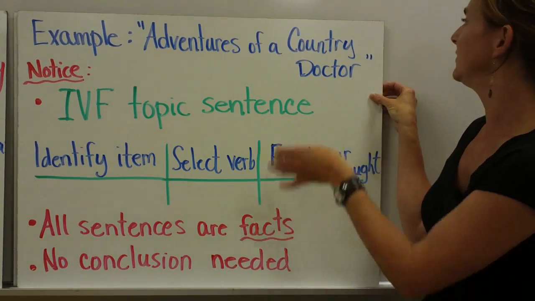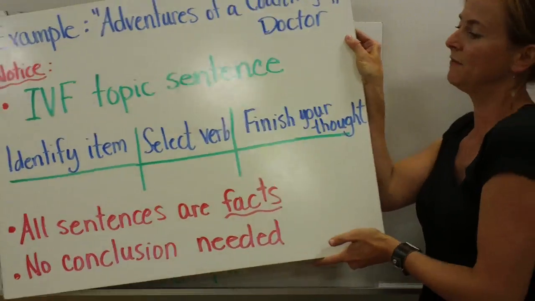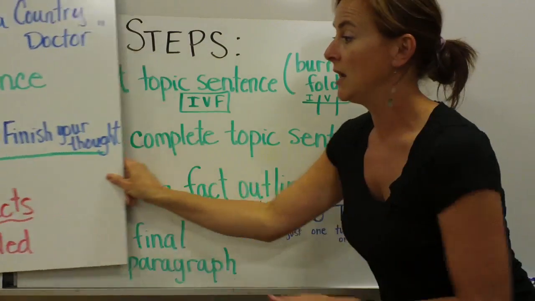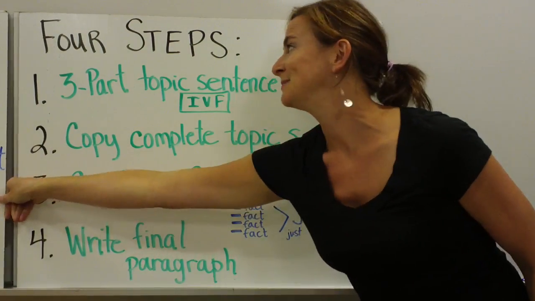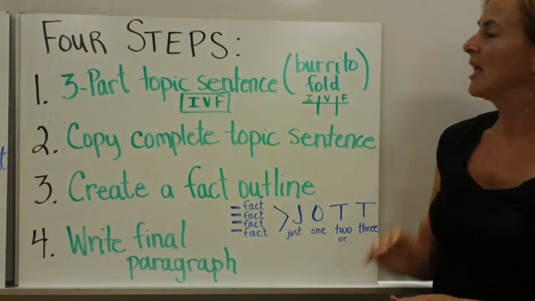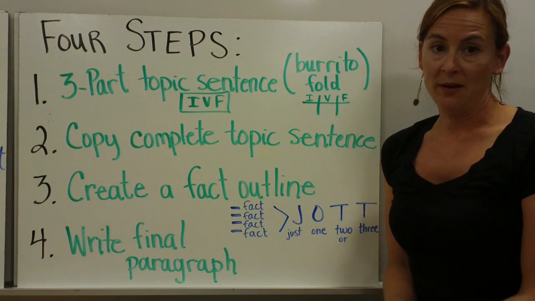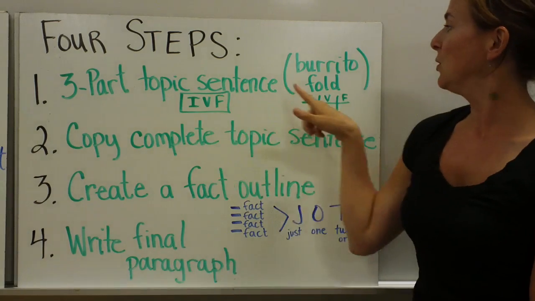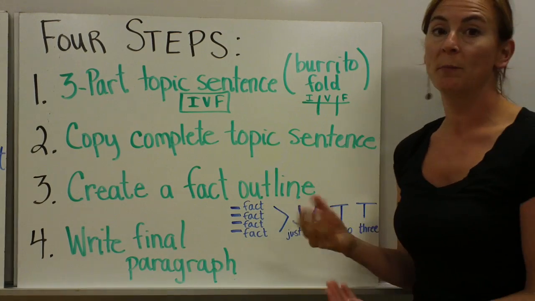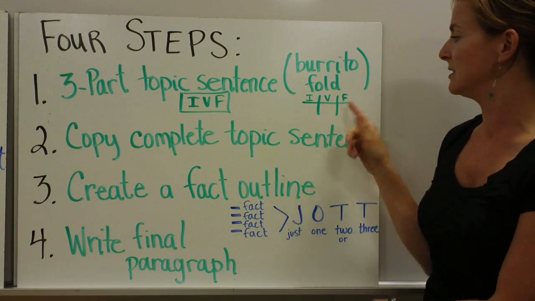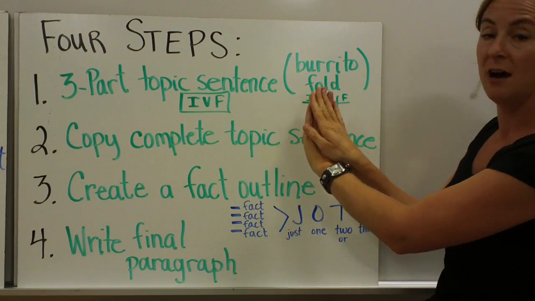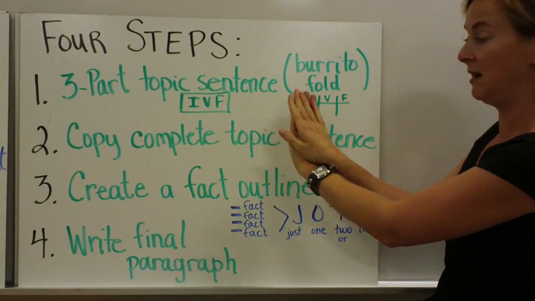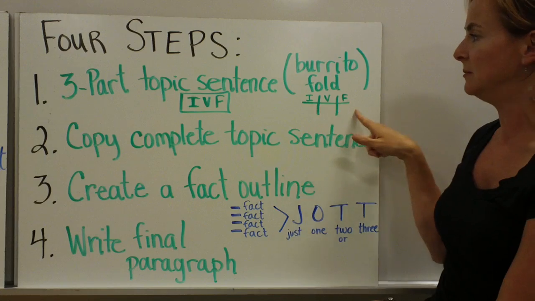Let's take a look specifically at the 4 steps when you write your own objective summaries. The first step is to create one of those burrito folds. It's called that because your paper is folded once over and then again over, so it creates 3 columns.